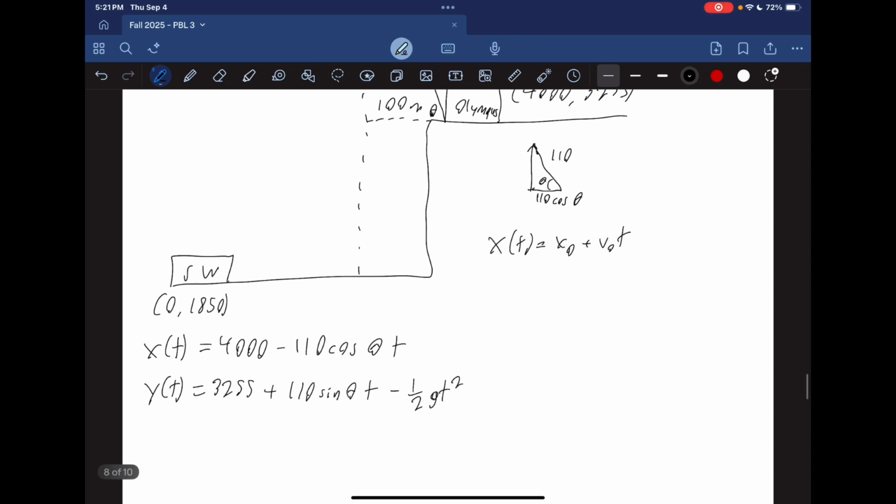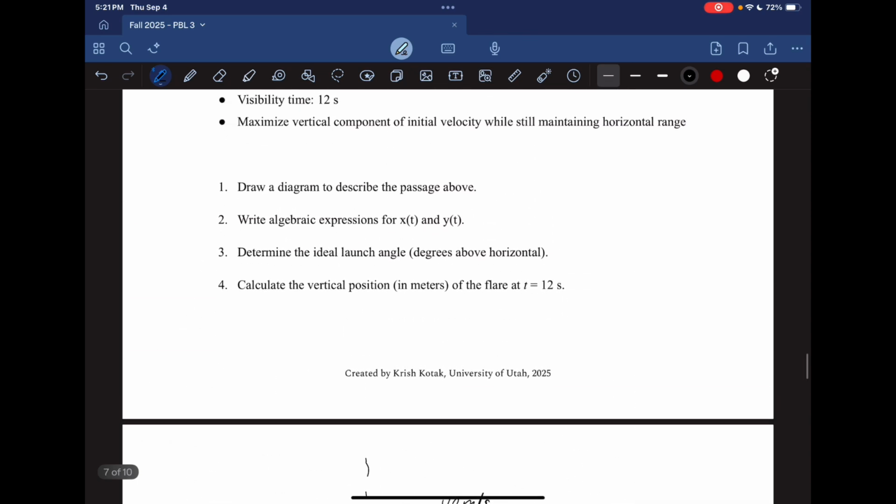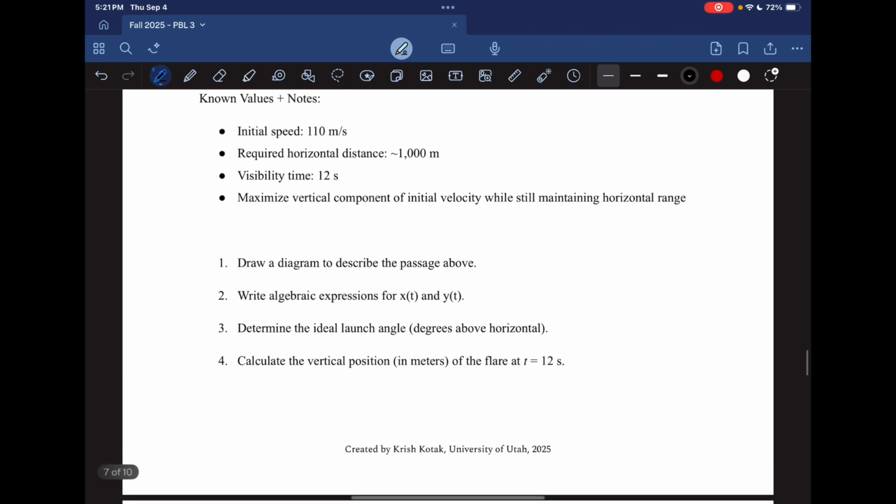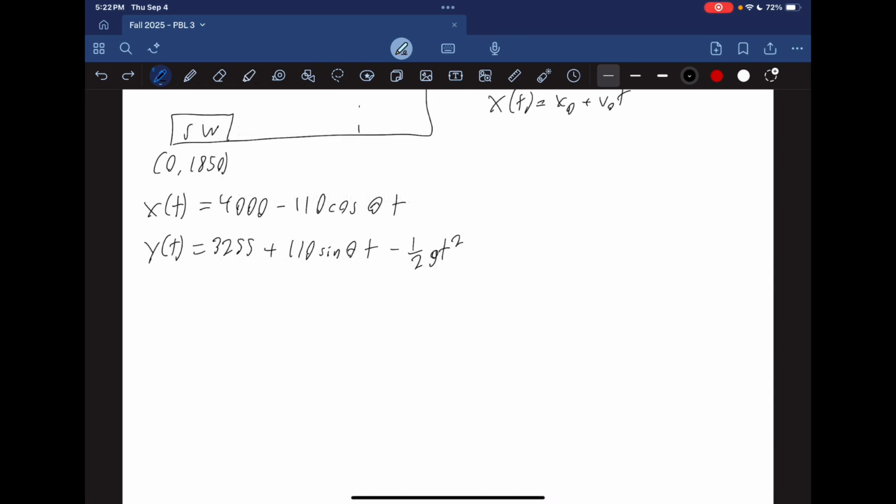Okay, now the next part of the question is to determine the ideal launch angle. Remember, our important thing is we want to maximize the vertical component of initial velocity while still maintaining horizontal range. So I'm going to first deal with our x coordinate.